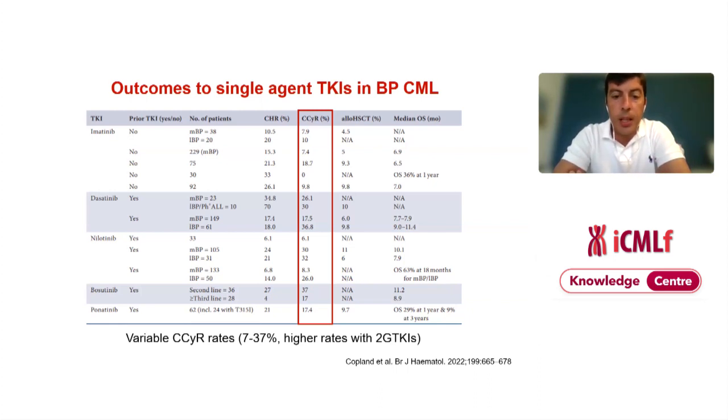The probability of achieving a complete cytogenetic response on TKI alone, however, is very low compared to results in the chronic phase. We have 7 to 35% of patients achieving a CCyR. Probably we have higher rates of response with second-generation TKIs, but in general, the response rates were low.